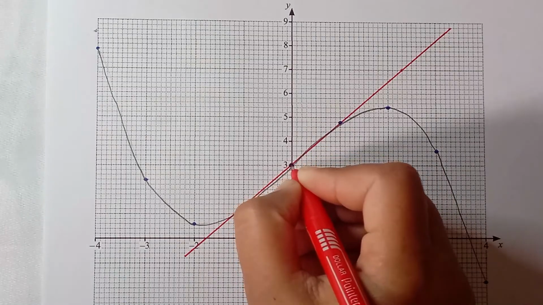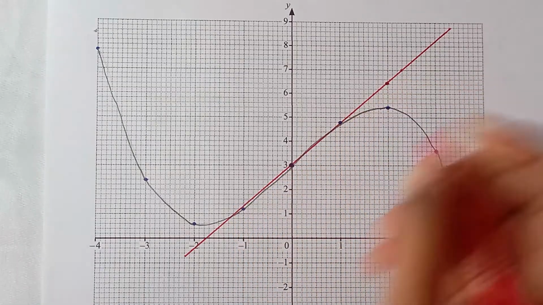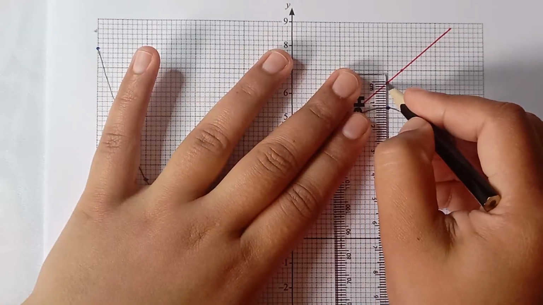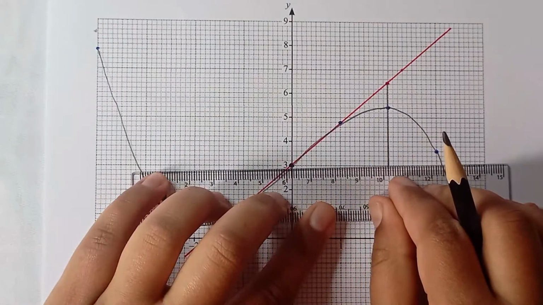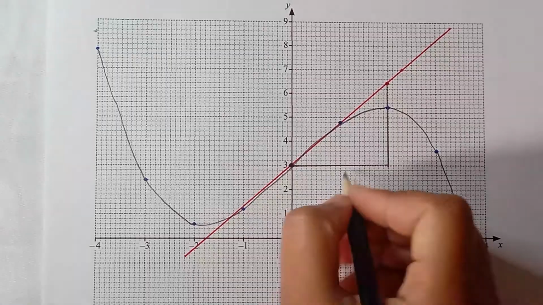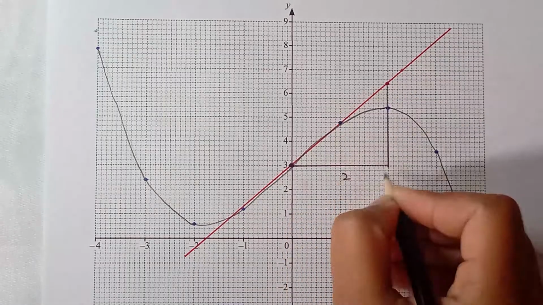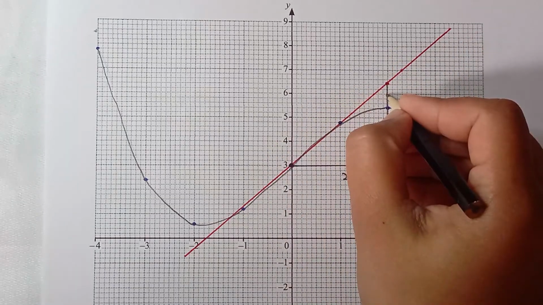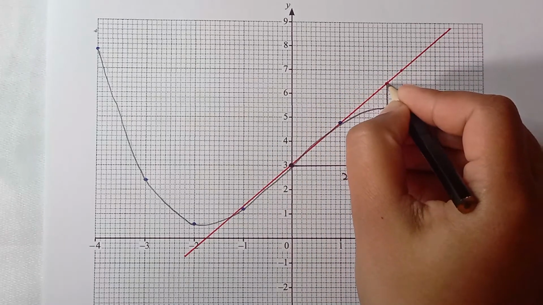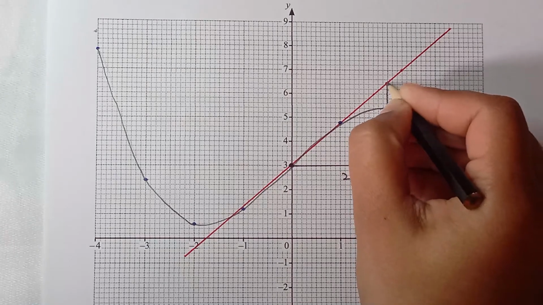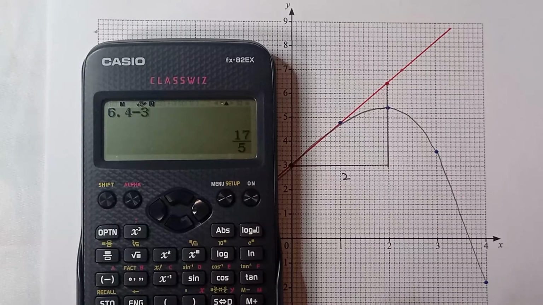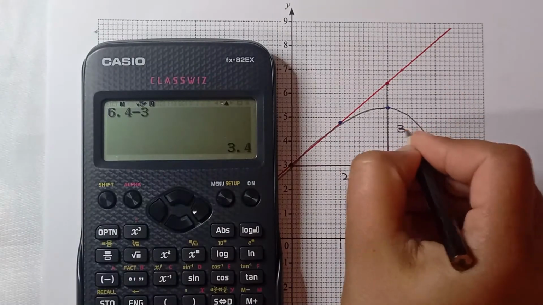If I can take this point and this point, and draw the triangle like this, so this would be from 0 to 2, this point is 2, and this would be 3 to 6.4. 6.4 subtract 3, this would be 3.4.